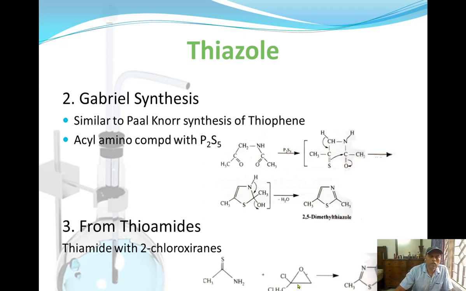There is substitution on the oxirane: you have substitution at position number 2 with the chloromethyl group. When these two react, you are going to get the substituted product here on the right hand side. So this is the third method of preparation of thiazole.